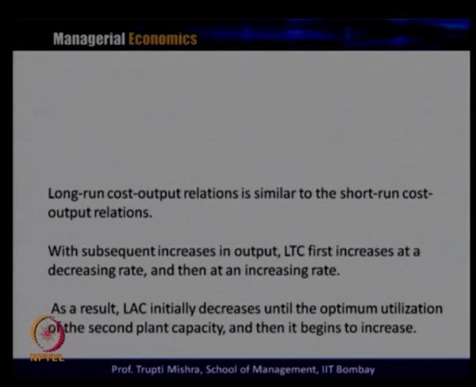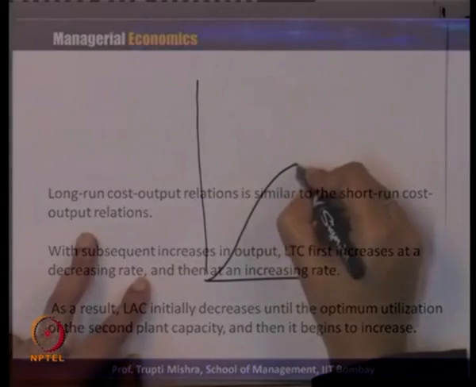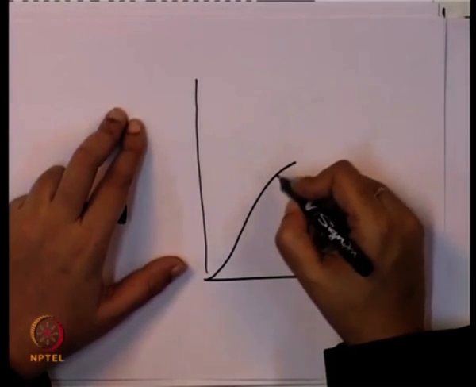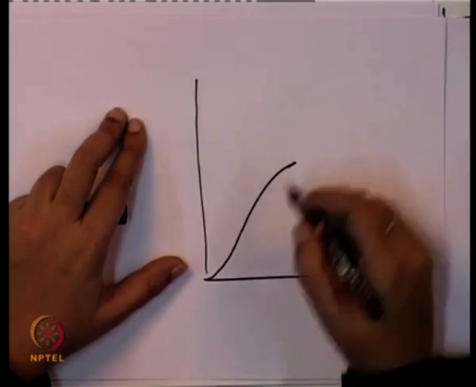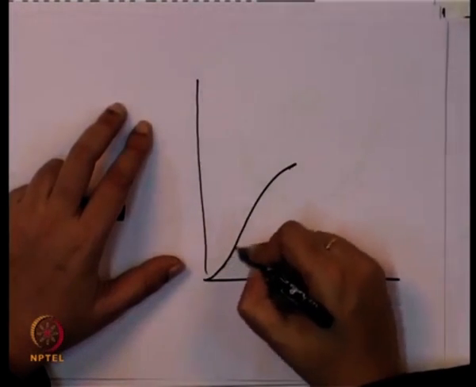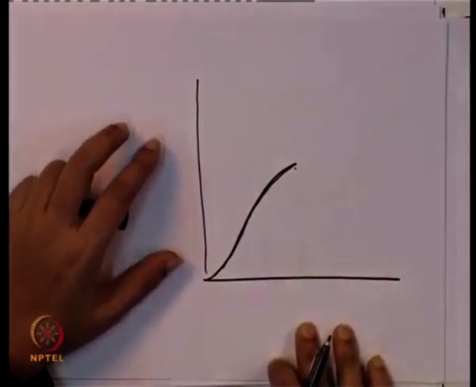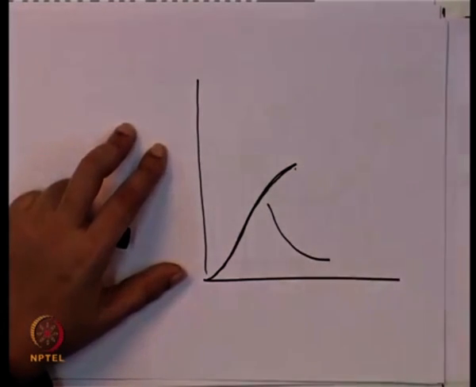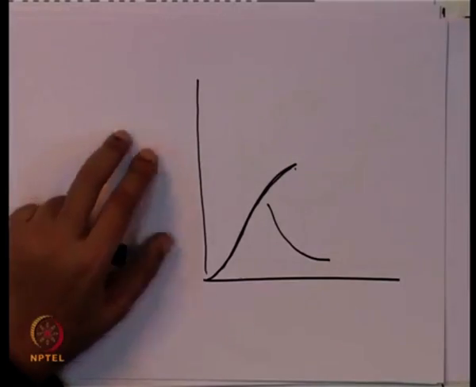With subsequent increases in output, the long run average total cost curve first decreases, then rises at an increasing rate, and that is the reason the long run average cost curve is initially decreasing.